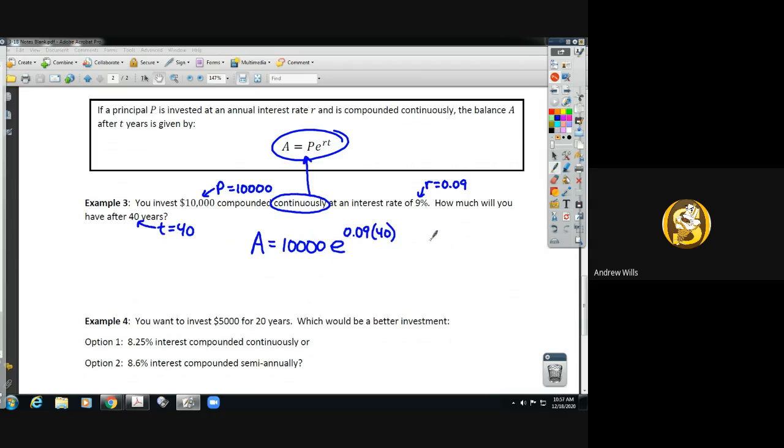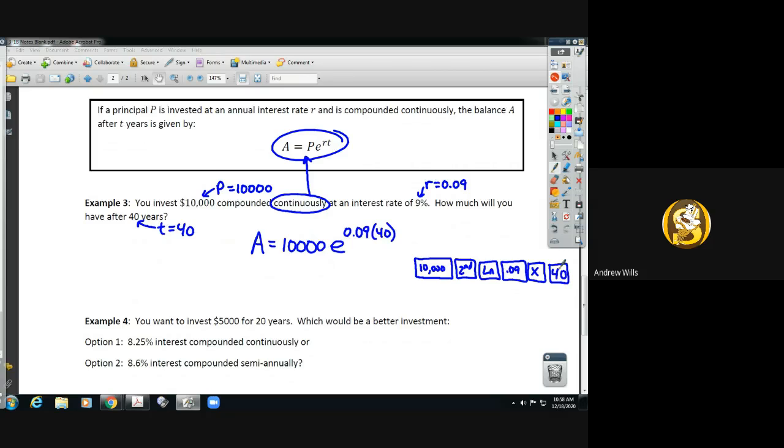So the keystrokes would be: enter that number, 10,000. Then we would hit second ln, and then type in 0.09 times 40. That would be our keystrokes there. Okay?